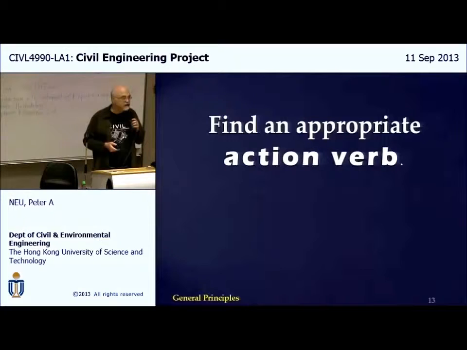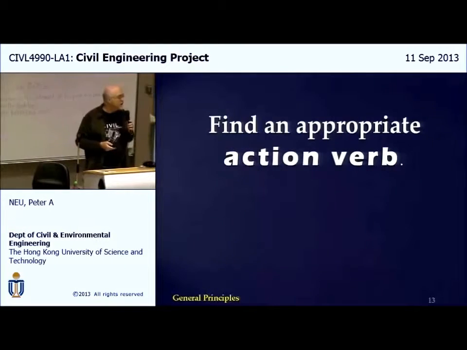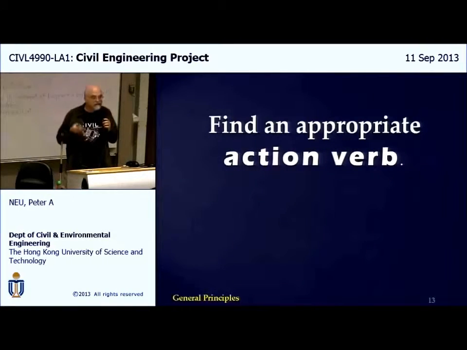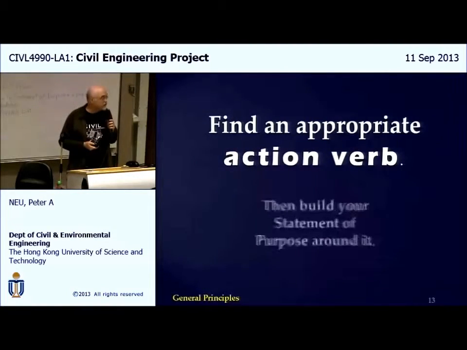You have to use an action verb. For the purpose statement, a good statement of purpose has a verb that should be an action verb. It will help in making the statement of purpose effective for you and for the reader.